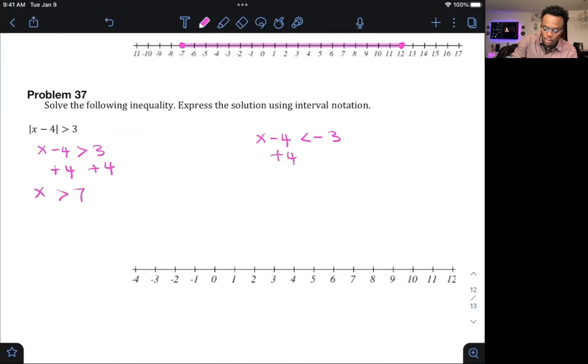Add 4: x less than 1. Find them on the number line with open circles because you have no equal sign in the inequality. So that is 7 with an open circle and 1 with an open circle.